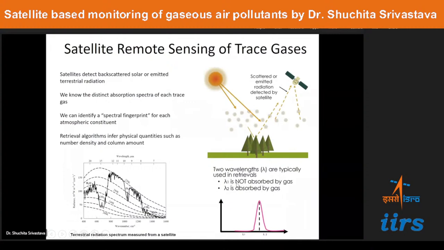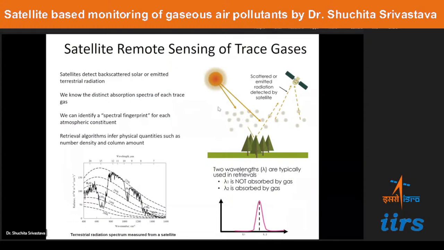If you compare those wavelengths which are strongly absorbed and those which are not, the ratio will again give you the concentration of the target species, the absorbing species. Using this principle, we can get the total column content of different gases present in our atmosphere which absorb in the UV visible range.